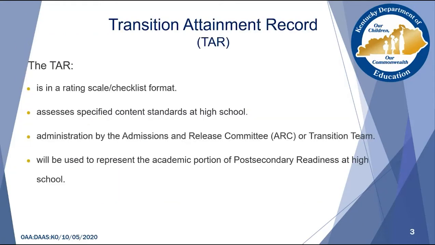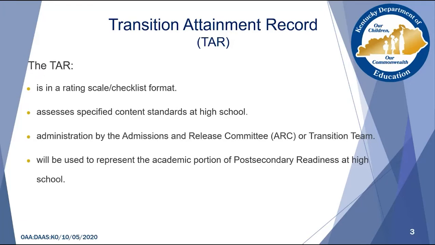The Transition Attainment Record, as we noted, also known as the TAR, is a rating scale format which assesses specific standards at the high school grade range for students on the Kentucky Alternate Assessment. It is based on direct observations of student performance by members of the ARC committee or transition team. The TAR includes a student interview piece.